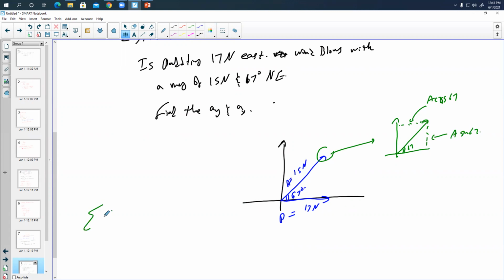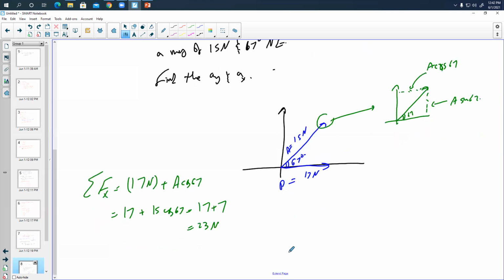So your forces in your x direction, ignore all the y forces. So in your x direction, what you're going to have? You got your 17 newtons that's paddling, plus your A cosine theta, which is going to equal 17 plus 15 cosine 67. So it's going to equal 17 plus, this is almost 6, so you get 23 newtons.